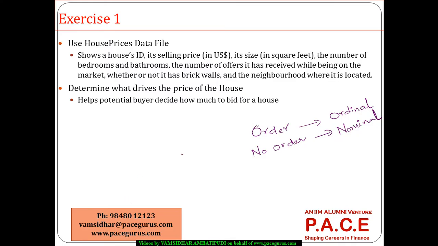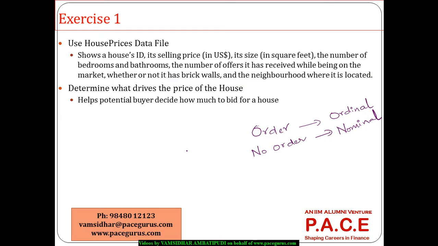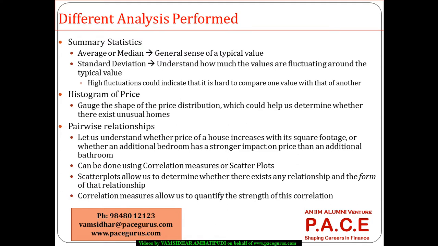Now let's start our analysis on this data set, right? First thing, I can do different kinds of things. I can do a summary statistic where I compute the average, median, standard deviation. We'll talk about them, right? And try to make some kind of a basic analysis out of the summary statistics.